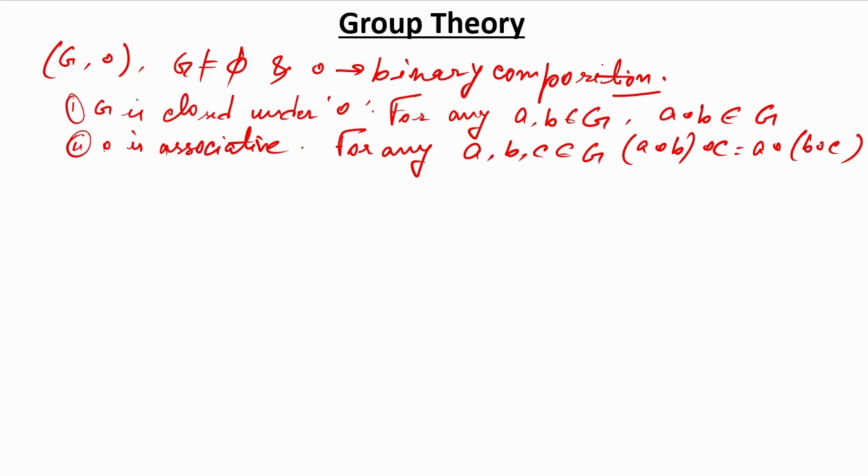That is, first we compose B and C, then we compose A with the result. So these two things will be same. This is the associative property.